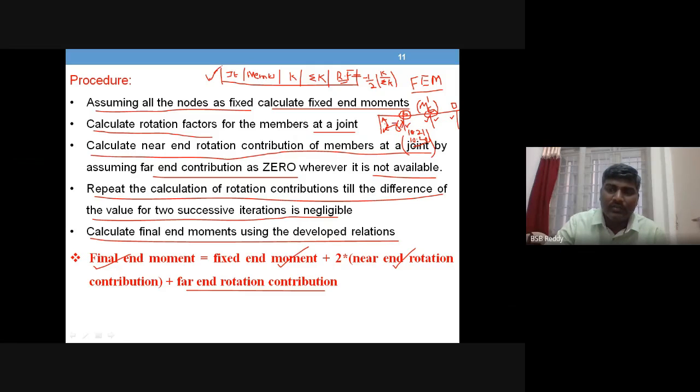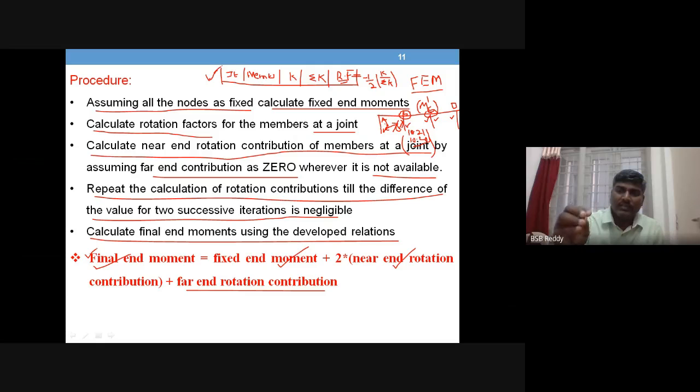It's very similar to the moment distribution method, but with a little change in calculations. The first step is the same: fixed end moments. In the second step there is a change: instead of distribution factor, you get rotation factor, in a very similar table.